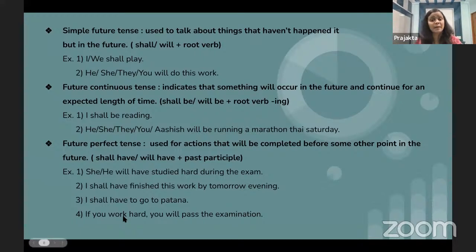We use these helping verbs in the next sentence. See this example. If you worked hard, अगर तुमने मेहनत की, you will pass the examination. तुम examination में pass हो जाओगे.